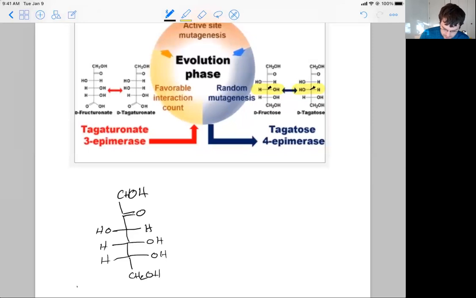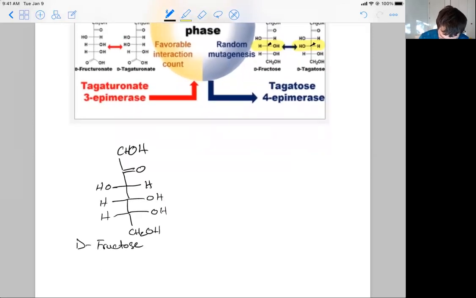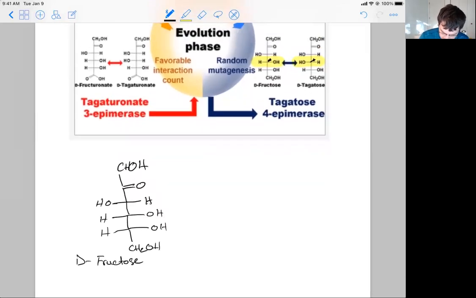So here is fructose, and it's labeled as the D enantiomer. That D label, the dextrorotatory label, is not super important to us at this juncture.